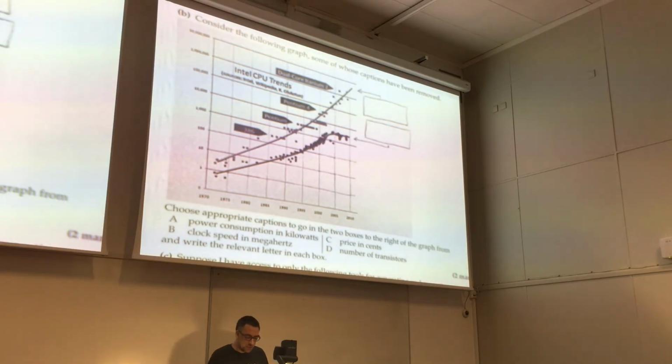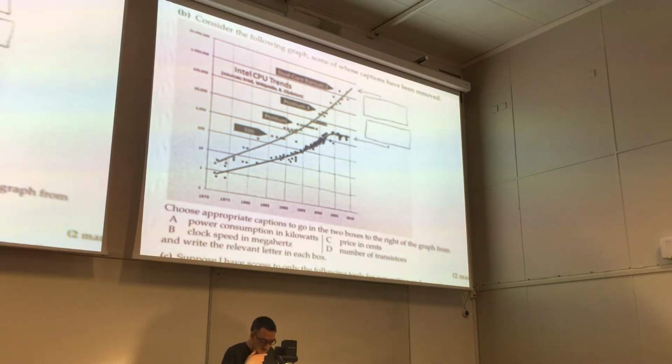B is clock speed in megahertz. C is price in cents. And D is number of transistors. And you can hopefully just about read that these are referring to Intel processors.